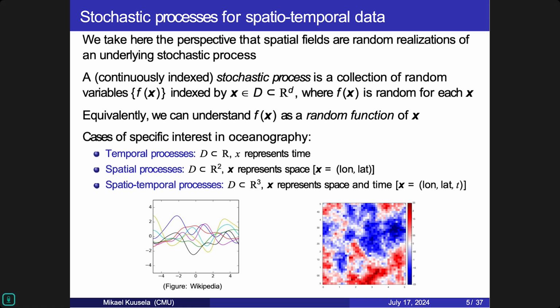Okay, so there are a couple of terms to define here. First of all, stochastic process. What is a stochastic process? Mathematically, a stochastic process is a collection of random variables, something like this, that is indexed over a continuum. So there's some index into this collection of random variables, and that index is over a continuum. In this particular case, it would be a real vector over some d-dimensional space.